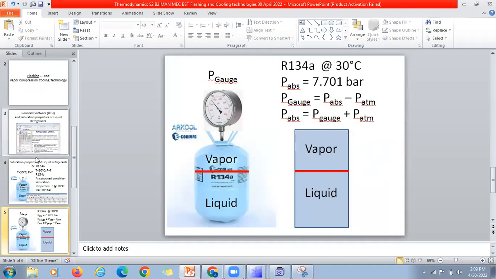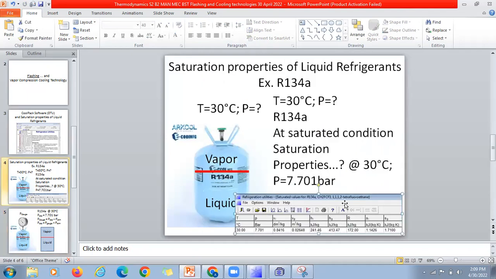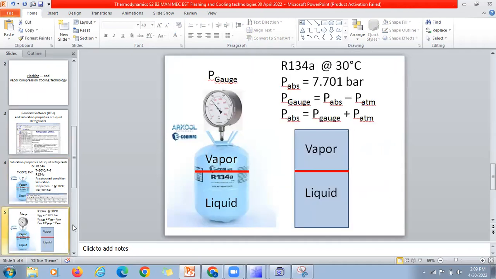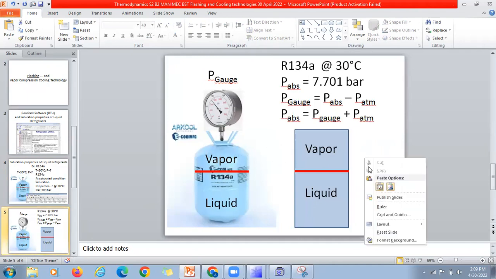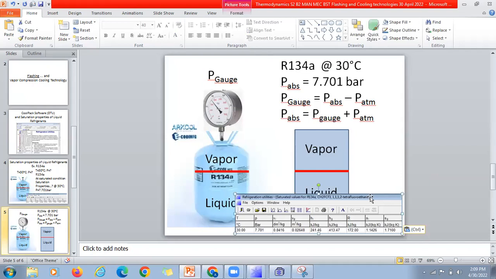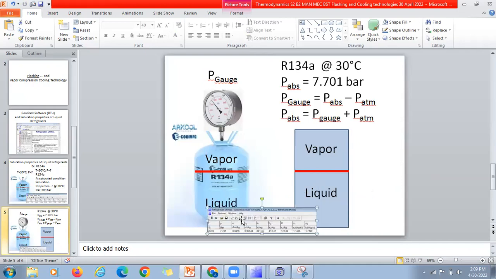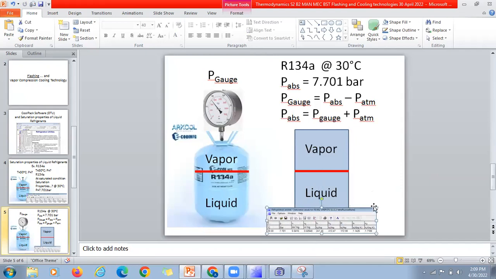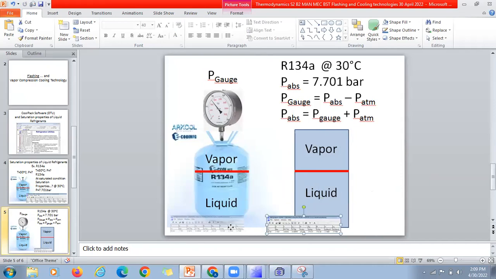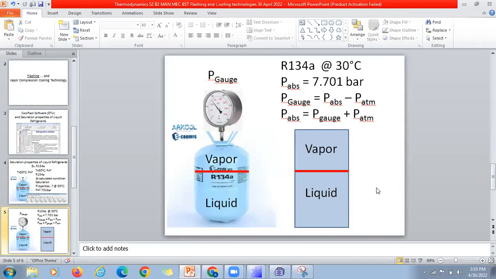And now with these saturated properties, if you know the temperature, because that's measurable quite easily, then you can have the other values from the tables. I believe you can understand this.